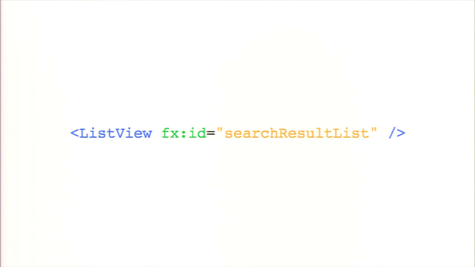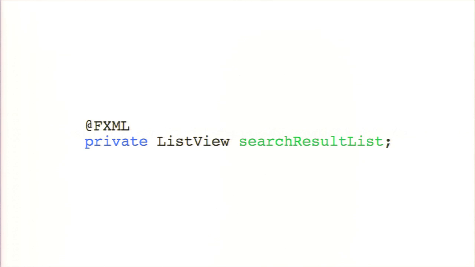So here the ID is called searchResultList, and here the field is called searchResultList. Then you add the annotation @FXML, and you're done. When the FXMLLoader generates a node which has an ID specified, it looks for a field with the same name and makes sure that this field points to that node. With that, you can define references to all the important nodes in the scene graph that you want to access from your controller.